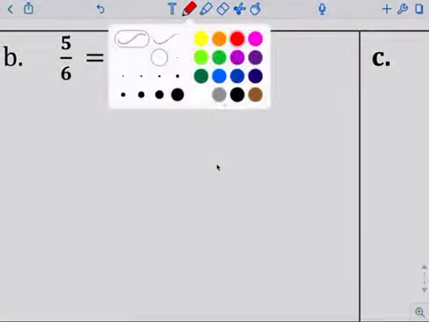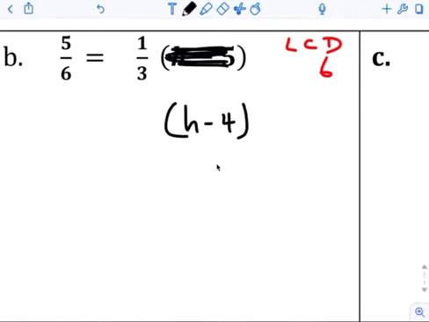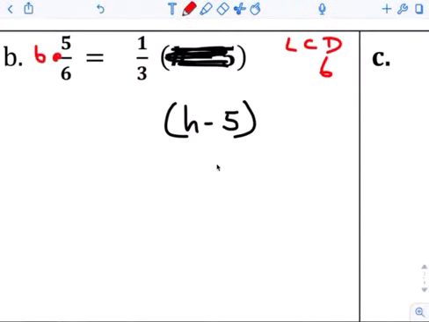Your least common denominator, 6. You get rid of the denominators, but h minus 5 you don't get rid of. That's the only one you can't multiply 6 to, h minus 5, this one. So you multiply 6 to everything else. Multiply that, you get 5.